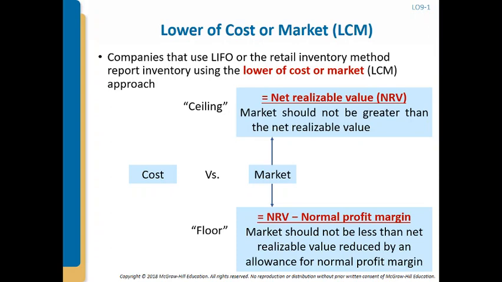So at the end of the day, you're going to have the ceiling, which is net realizable value. You're going to have the cost of a replacement, which is the definition of market. And then you're going to have your floor, which is NRV minus a normal profit margin. And the number that you're going to compare to cost is whatever the middle number would be between the three.